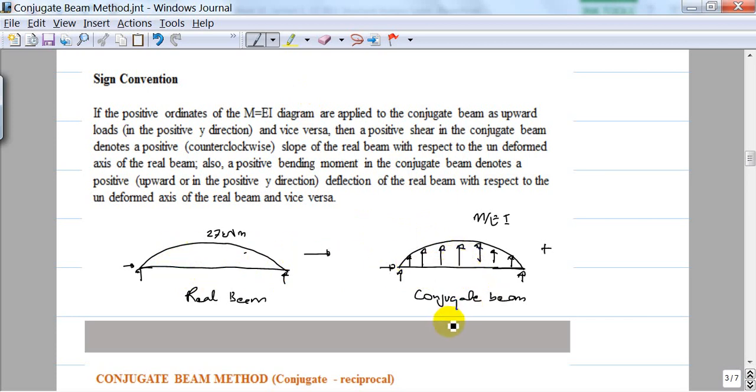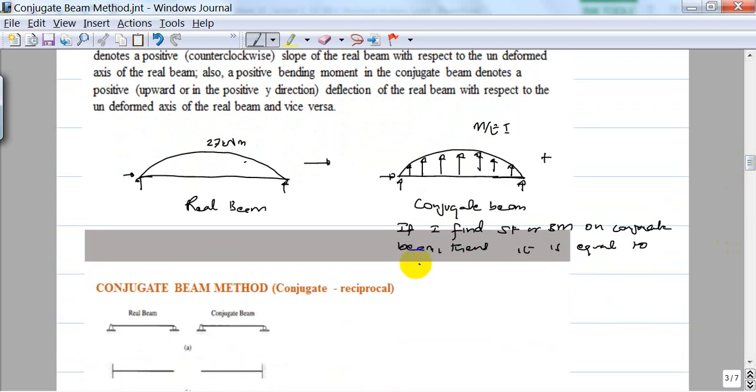So here, if I find shear force or bending moment on the conjugate beam, then it is equal to slope and deflection in the real beam.